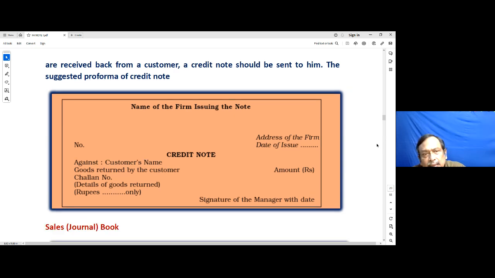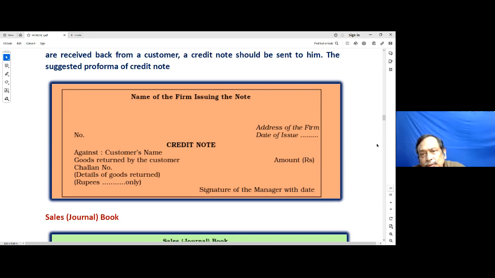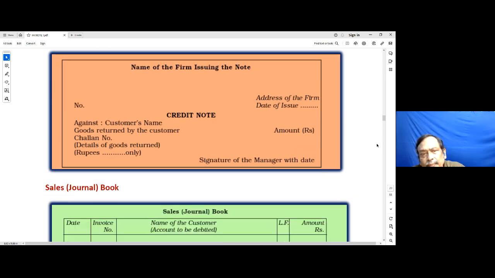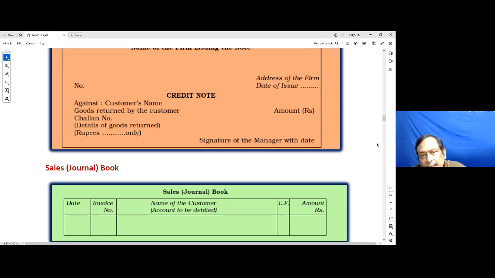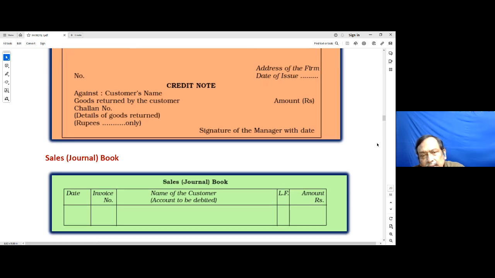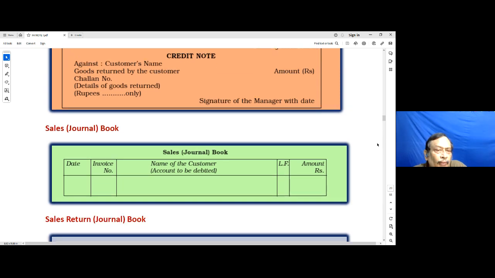The suggested pro forma of credit note is seen here: name of the firm issuing the note, address of the firm, date of issue, customer's name, goods returned by the customer, challan number, details of goods returned, rupees involved, and signature.